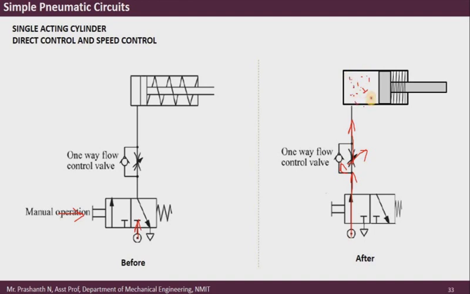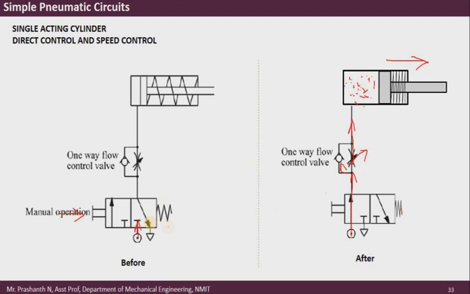When air fills up this particular portion, obviously there will be a forward stroke of the single acting cylinder. To retract back, the moment I release this, you can see the spring, which is compressed because I am holding it, will retract if I release the input switch.